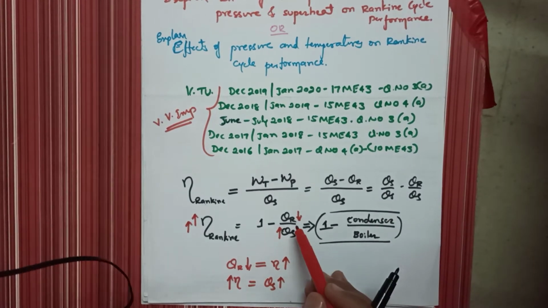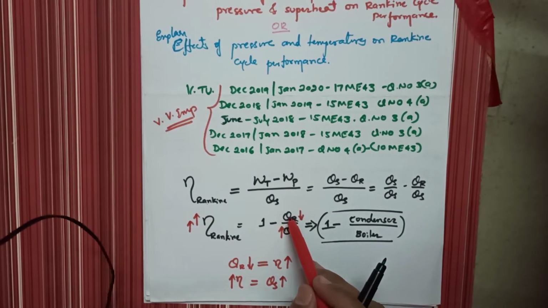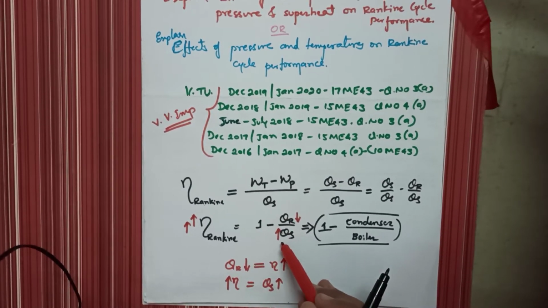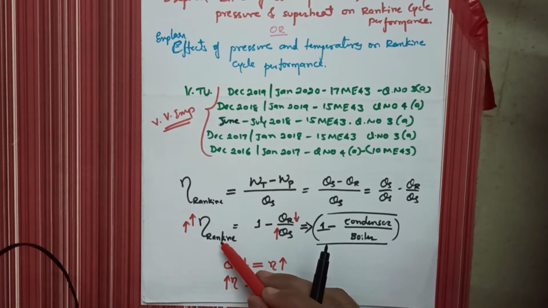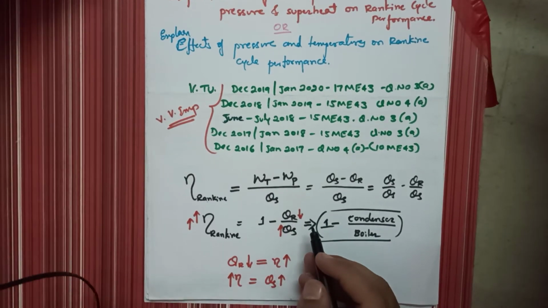Understood? So now you will think how to reduce the value of Qr or how to increase the value of Qs. The efficiency is dependent on these 2 parameters. Before going to deep discussion of this topic, I will recall one theory topic we discussed in basic thermodynamics.